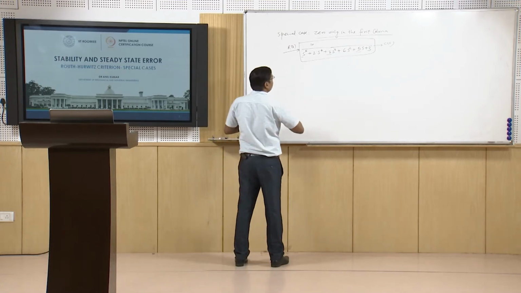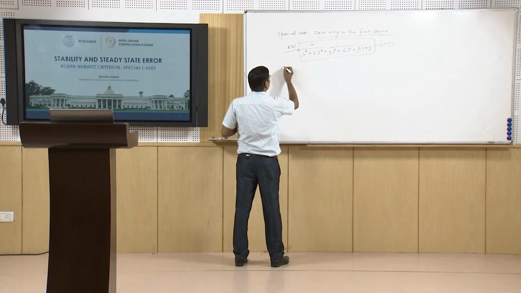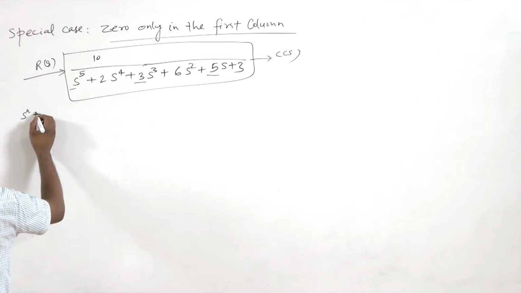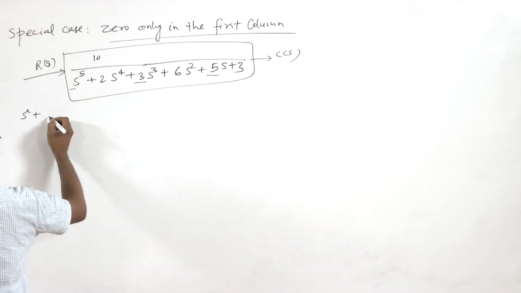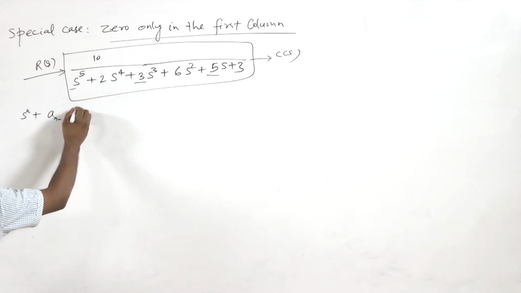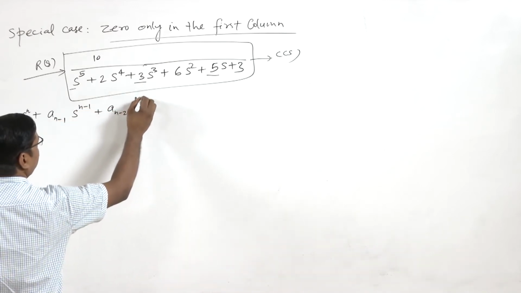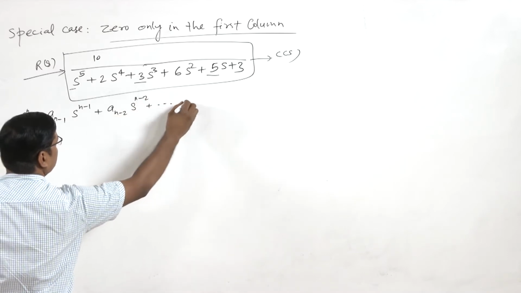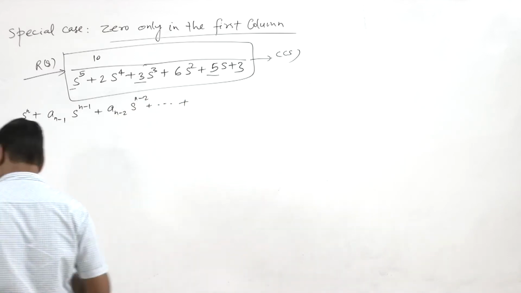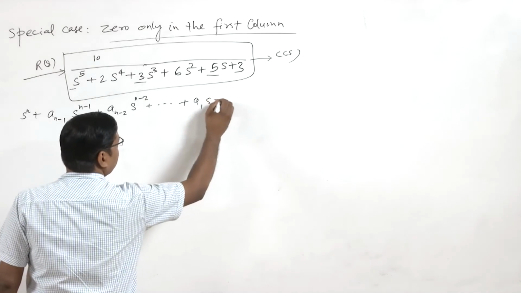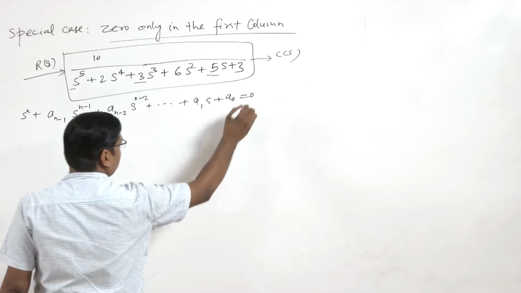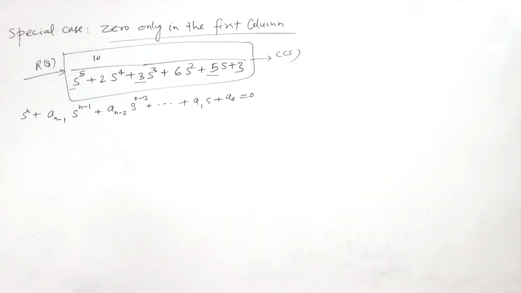So if we have this polynomial s power n plus a n minus 1 s power n minus 1 plus a n minus 2 s power n minus 2 plus up to a1 s plus a0 equal to 0. So this is the original polynomial. Now we replace s with 1 by d.